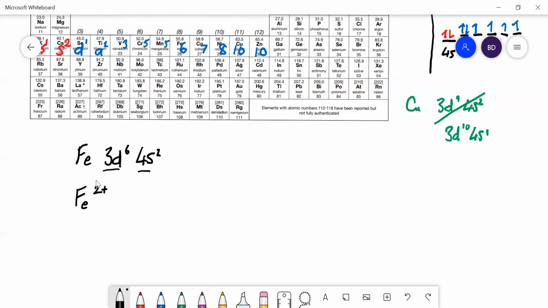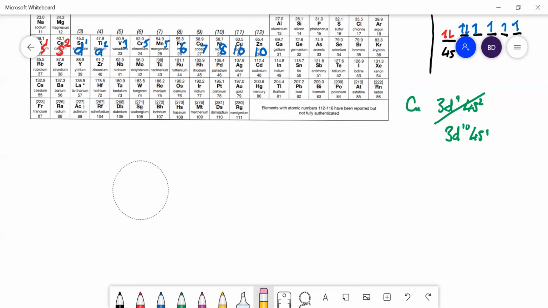So the electronic structure of Fe2+ would be 3d6. The electrons are always lost from 4s, first of all. Of course, if it forms Fe3+, then you would have to lose an electron from the 3d orbital, and that would be 3d5, the electronic structure of Fe3+. Okay, so that's quite important to remember. It's always the 4s electrons that go.